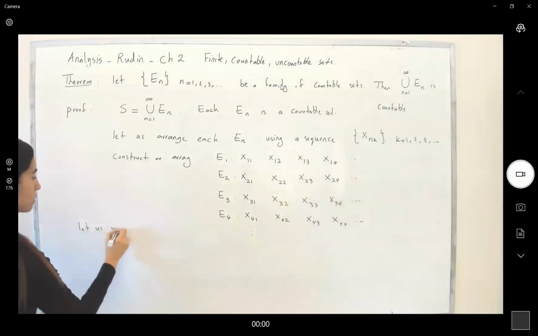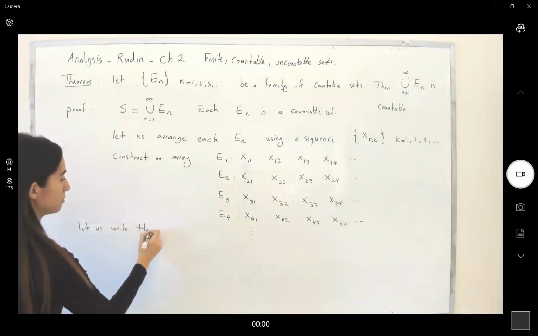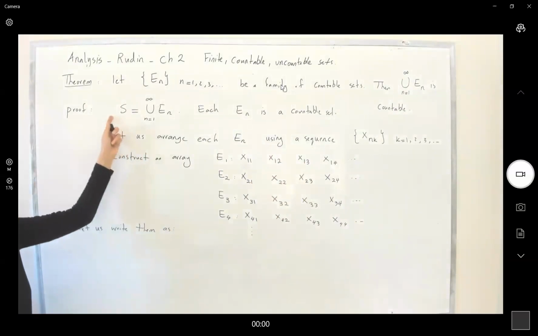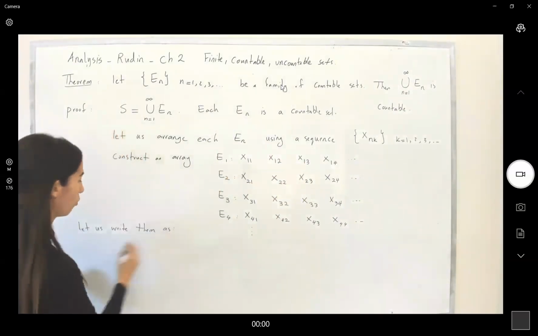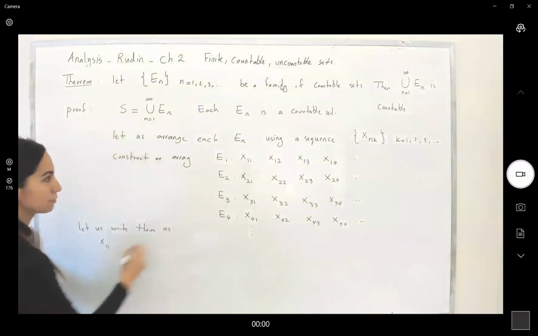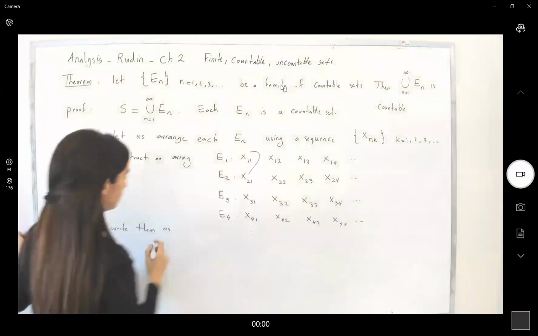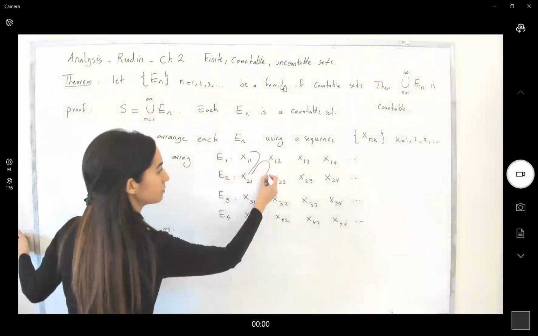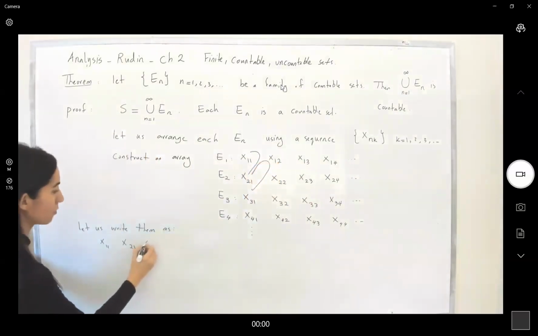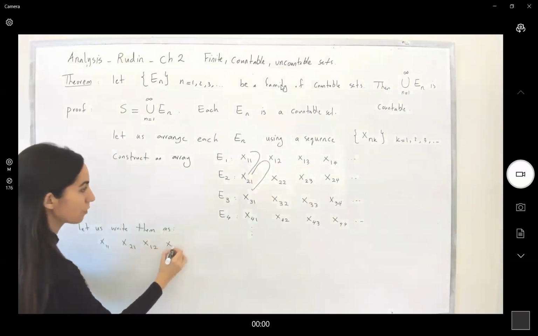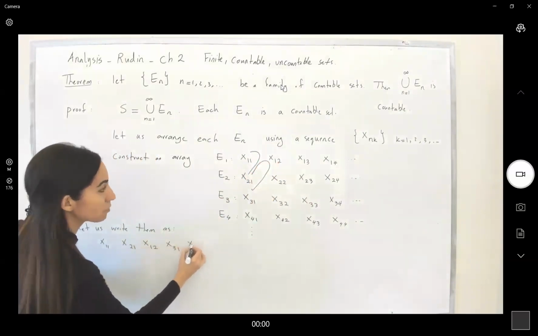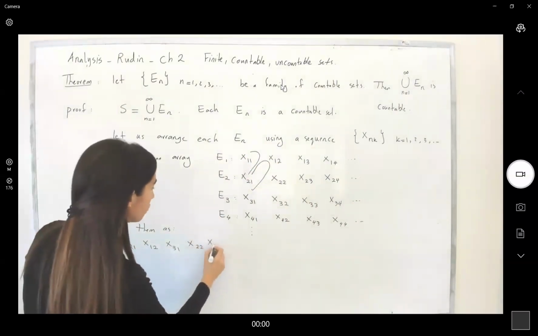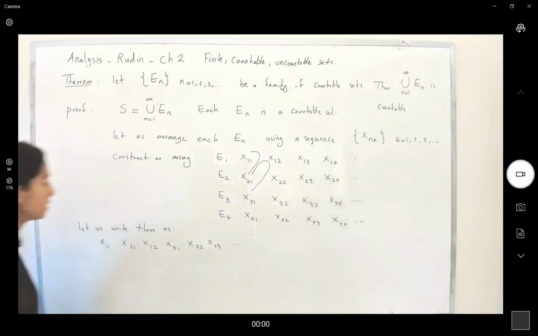Let us write them this way. So these are all of the elements of S: x 1,1, then x 2,1, x 1,2, x 3,1, x 2,2, x 1,3, and the rest of the numbers.